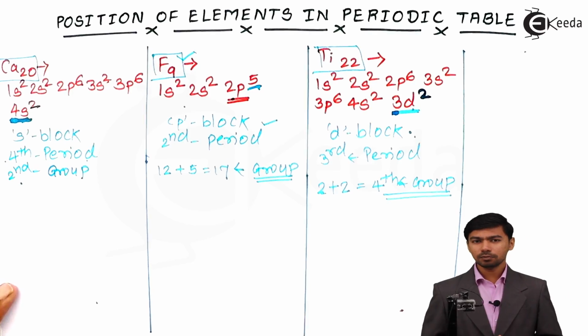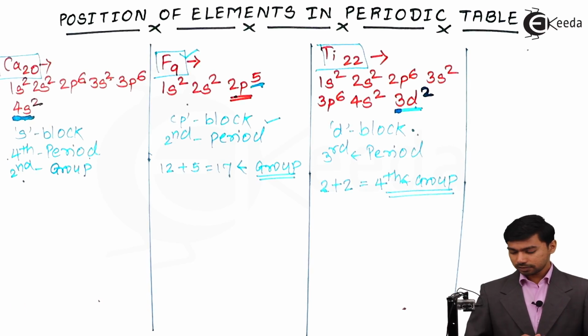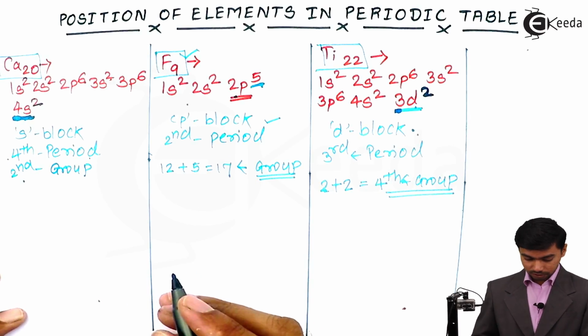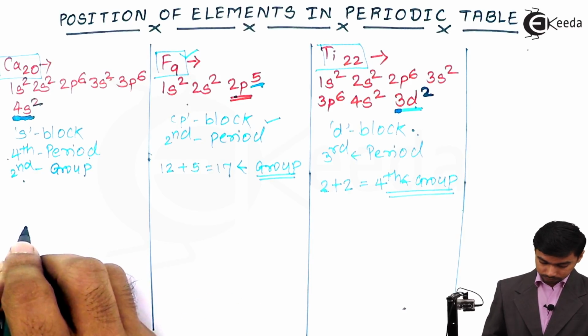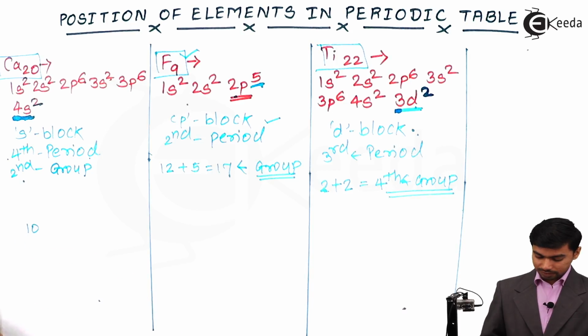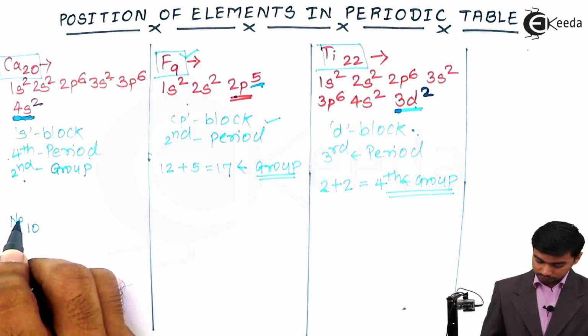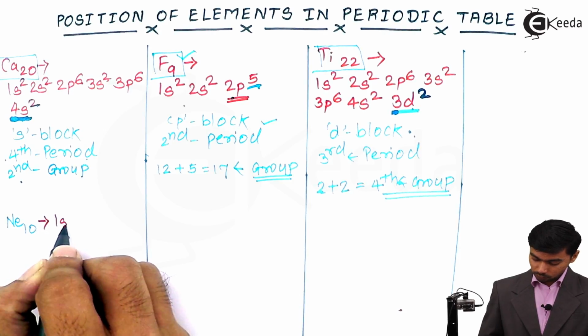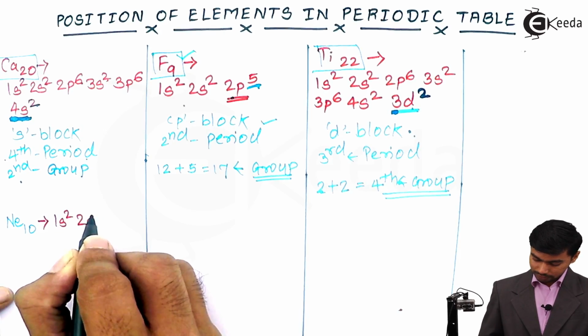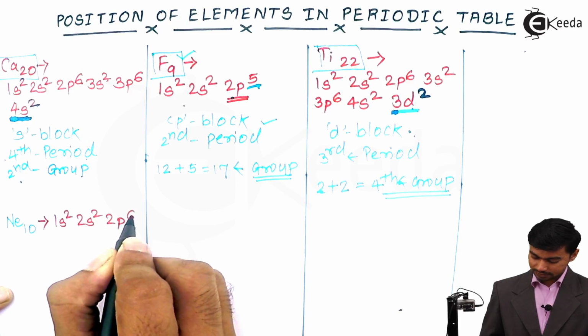Let us take one more example to give simpler information. If we have atomic number 10, 10 is the atomic number of neon. So what is the electronic configuration? 1s2, 2s2, 2p6.